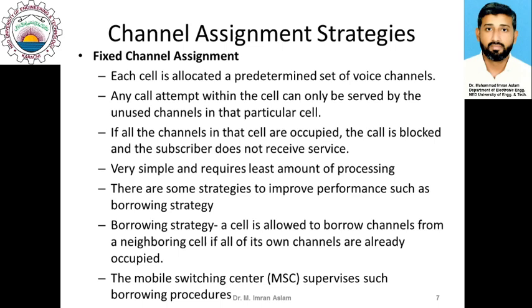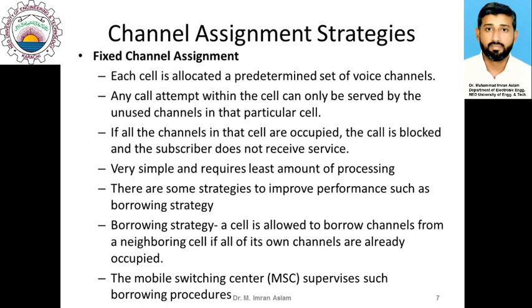The first one is known as fixed channel assignment. In case of fixed channel assignment, each cell is allocated a predetermined set of voice channels. So out of the total allocated voice channels, some specific number of channels are allocated to the cell.